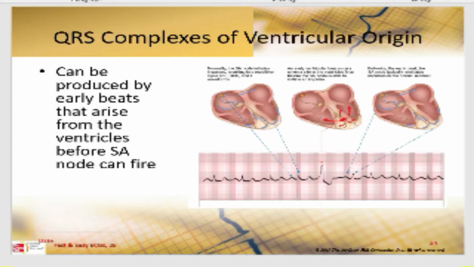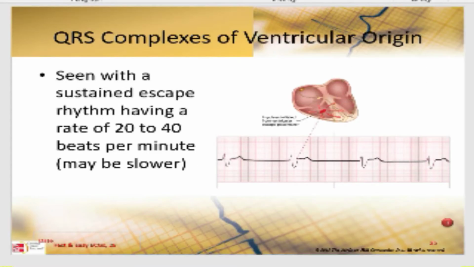Sometimes the ventricles will fire before your SA node can, so that can be a ventricular issue causing your EKG abnormalities. Usually it's going to be a sustained escape rhythm having a rate of 20 to 40 beats per minute, or maybe even slower.